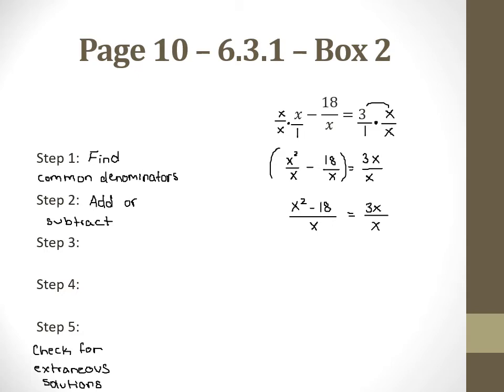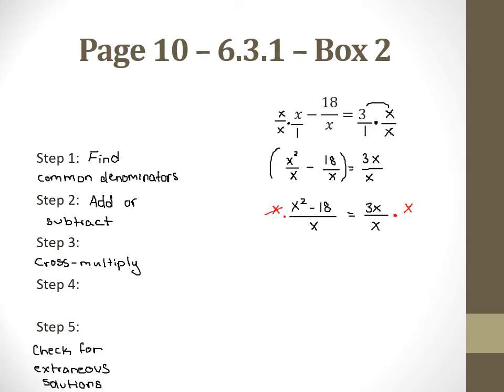So step 3 is going to be to cross multiply. So we're going to multiply each of these fractions by the opposite denominator. And it just so happens that those are the same. So I'm going to multiply by x on the right. I'm going to multiply by x on the left.